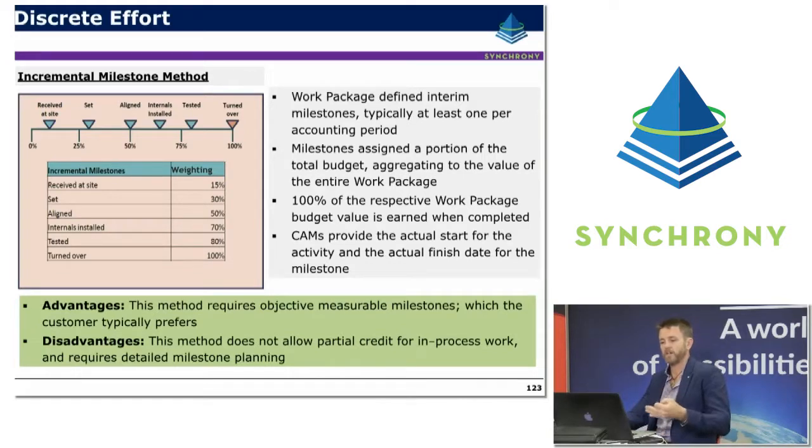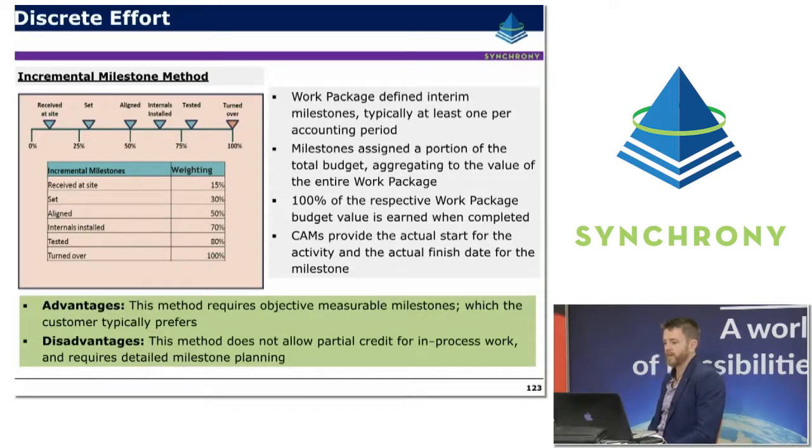As you can see in this particular example, we've allocated 15% for received at site, cumulatively 30% for setting, 50% for alignment, 70% for installation of internals, 80% for testing, and turnover 100%. By setting those criteria, as work package progress is made, it's fairly clear and transparent what the rules are and what the criteria are for claiming progress.